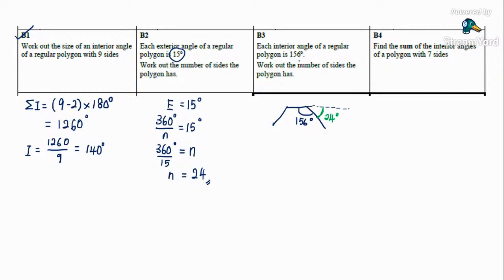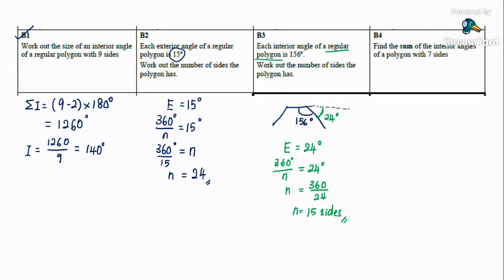Because this is a regular polygon, I can use the formula again, which is 360 divided by n equals 24. Therefore, n is equal to 360 divided by 24, which will give me 15 sides as the answer. I'm talking about the number of sides here.